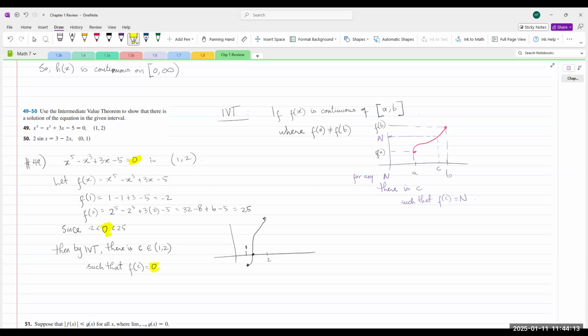Okay, so intermediate value theorem does not tell us what that value is, but it just guarantees there must be some guy.